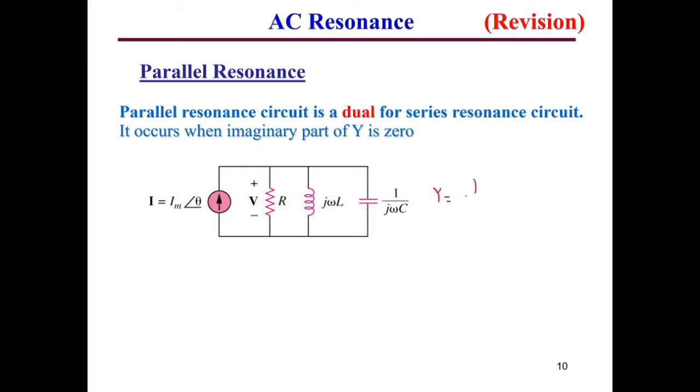So Y will be equal to 1 over R plus 1 over j omega L plus 1 over j omega C. So that will be Y. When the imaginary part is 0, resonance will occur, and again we find that the resonance frequency will be equal to 1 over root L times C. For the quality factor it will be the other way around: R over XL, or R over XC.